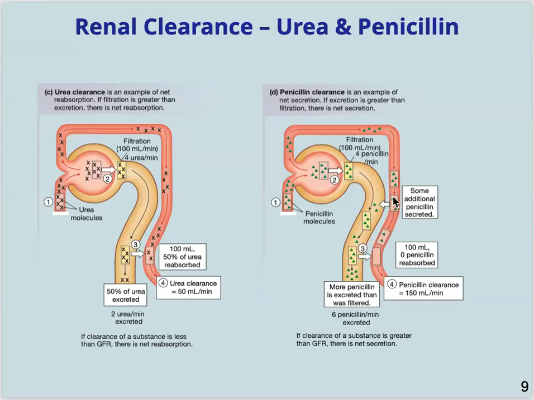In other words, it's going to go from the circulatory system into the tubular lumen. So the amount that ends up being excreted is more than what is being filtered here. And so if we look at the clearance of penicillin, we see that this is a higher value than the clearance value for inulin. In other words, there is net secretion.